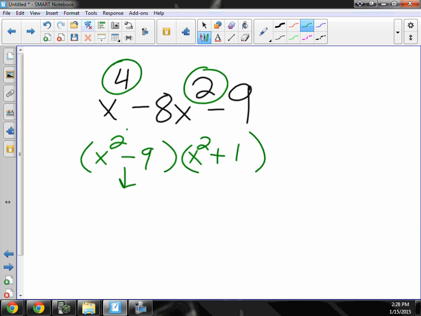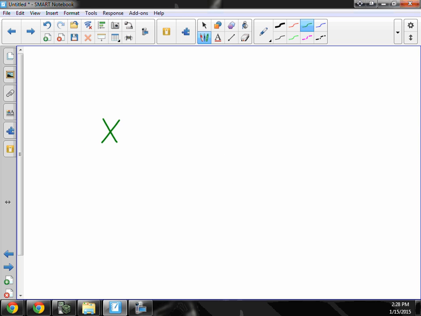This one's going to factor into a difference of squares. And this one actually factors into a sum of two or a difference of two imaginary. Yeah, it's like x plus i and x minus i. Okay, but that's not what we're doing today. So if I had x to the 12th minus x, what would need to go there in order for that to factor?